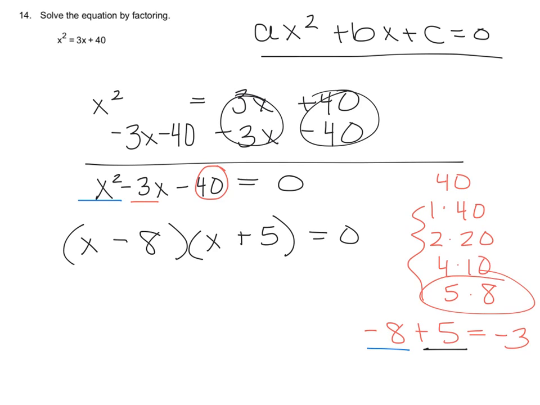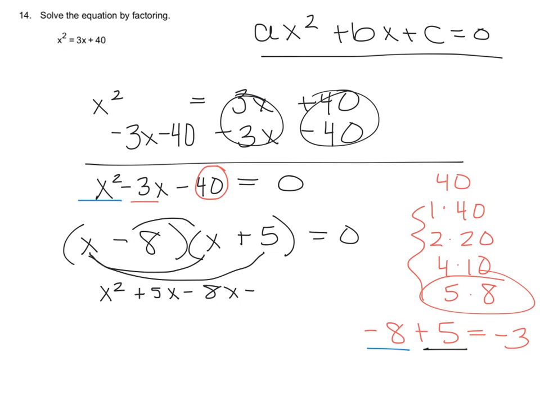And we should check this by using the FOIL method. So we'll multiply our first terms together. X times x gives me x squared. Then my outer terms, x times 5 gives me 5x. My inner terms, negative 8 times x is negative 8x.